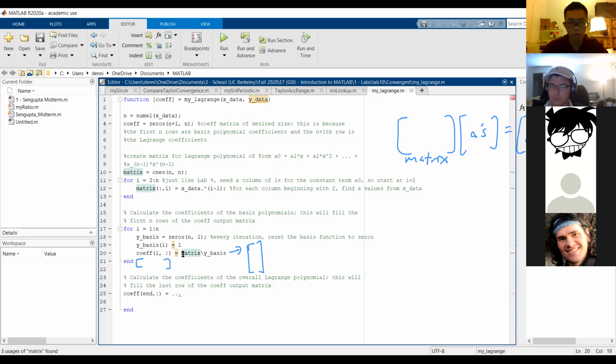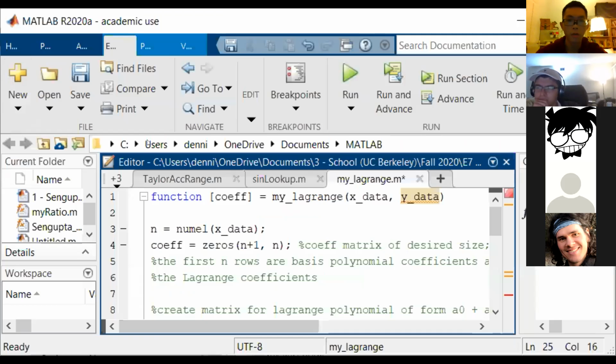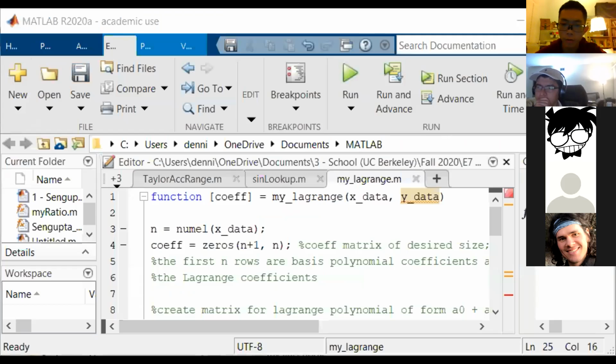There are a few ways to do transpose, but this is the way you can do it. Find the transpose of that. Okay. This is going to be the final row of the coefficient output matrix, after you've reached the end here. And what do they want for that, I wonder?